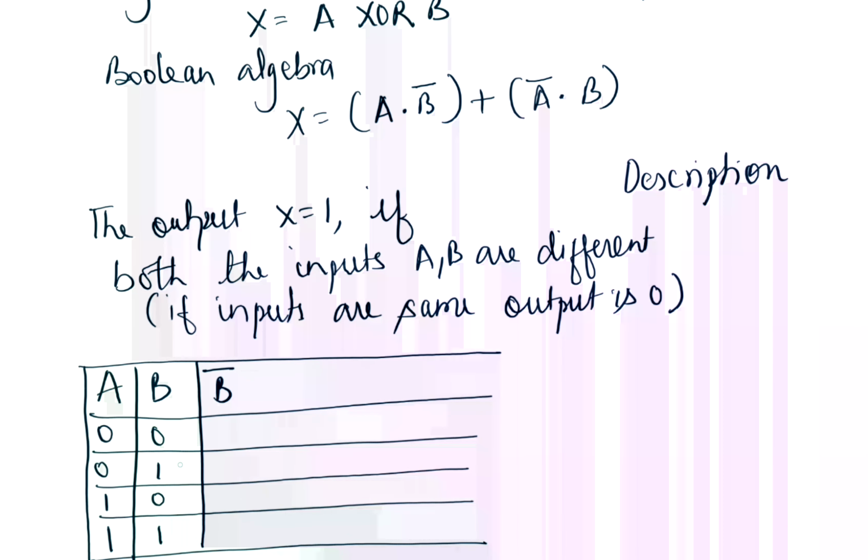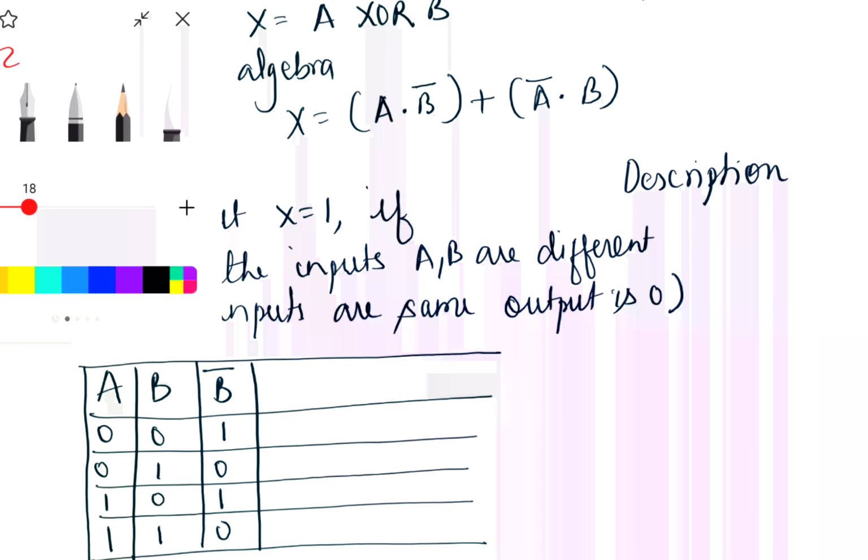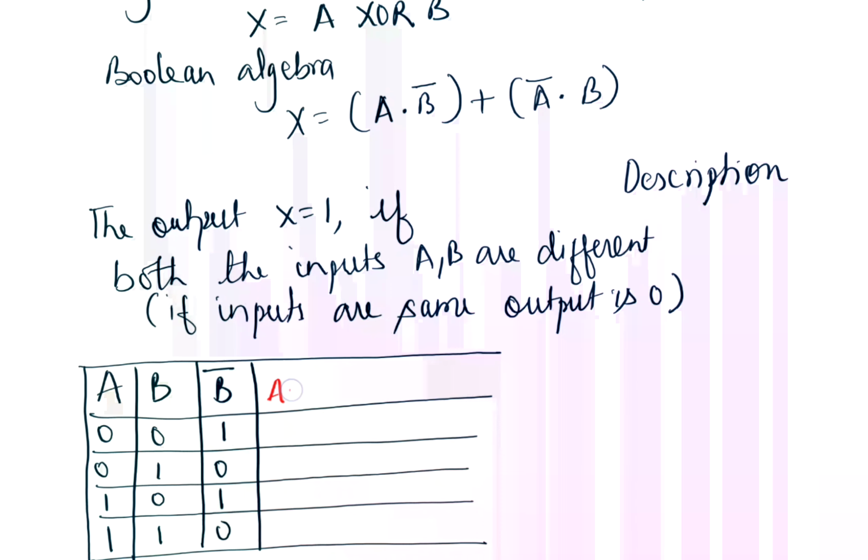Complement means opposite, B not. So opposite of this is 1, 0, 1 and 0. Now let's get the expression. I'll use red for this purpose. A dot B complement is multiplication, so 0, 0, 1 and 1, 0 is 0.